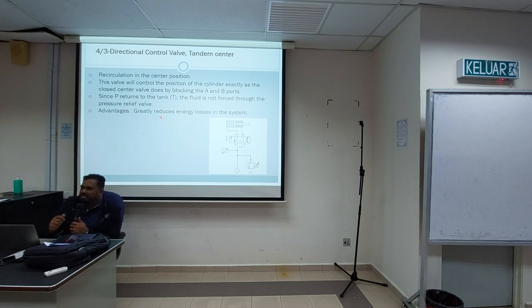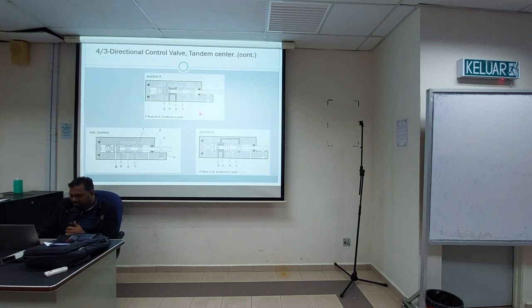So instead of using 6 months, you cuma boleh gunakan 2 bulan. Then cost operation for servicing tu jadi 3 kali kan. So it has a advantage lah, advantage and also disadvantage. Okay, so ini adalah tandem centered.